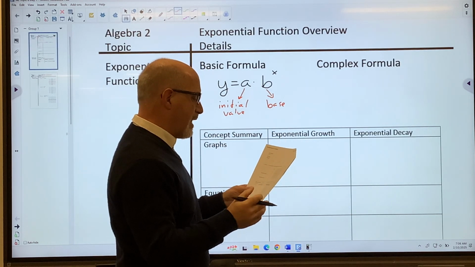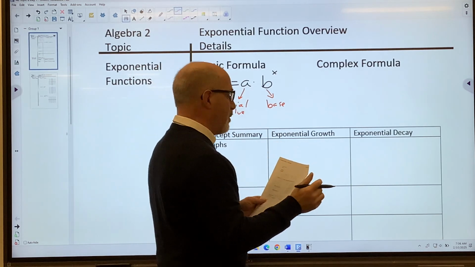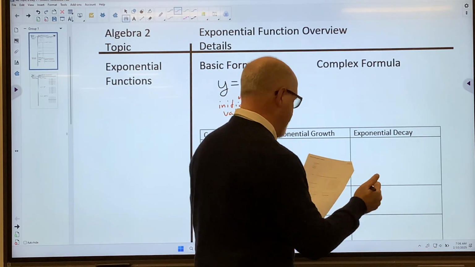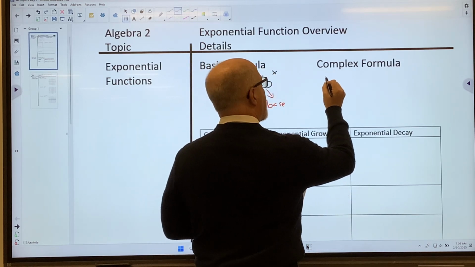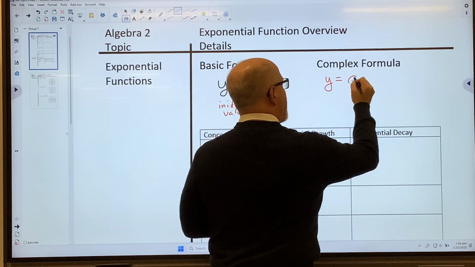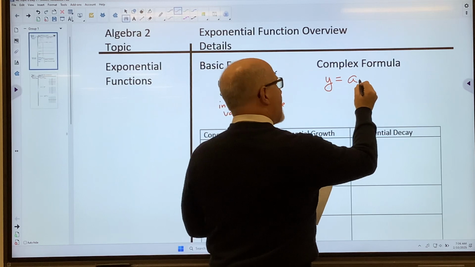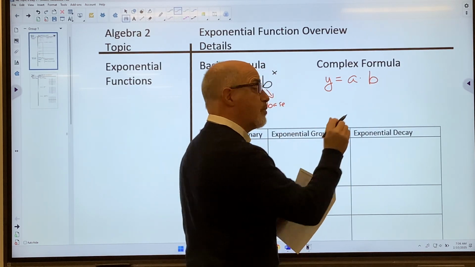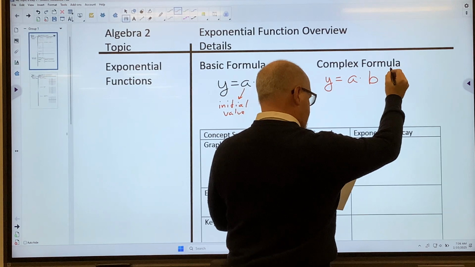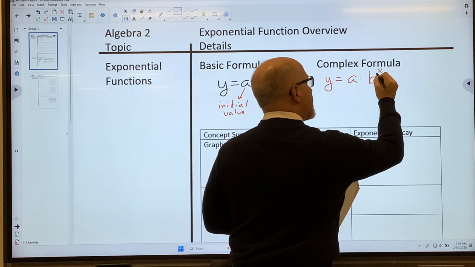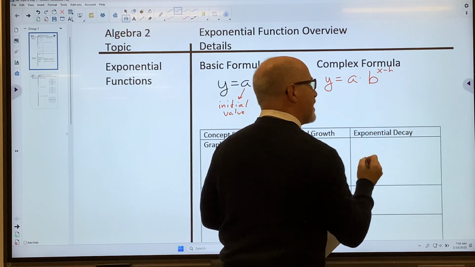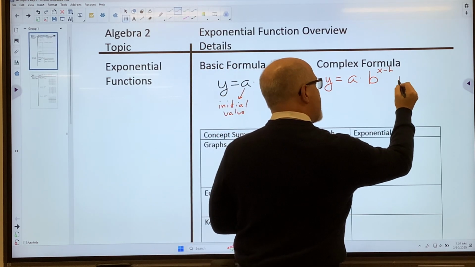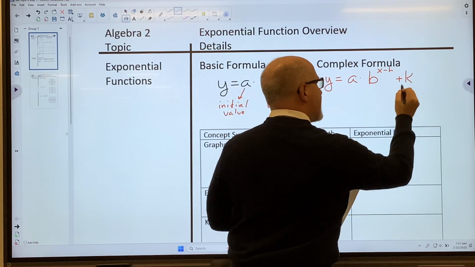Now, the next part, if we're going to do a more complex formula, is if we're going to move it side to side or up and down. The formula will be y equals the same initial value times b, and we're going to use the same notation we've used with other families of functions. We're going to have x minus h up here in the exponent, and then on the regular level, plus k.